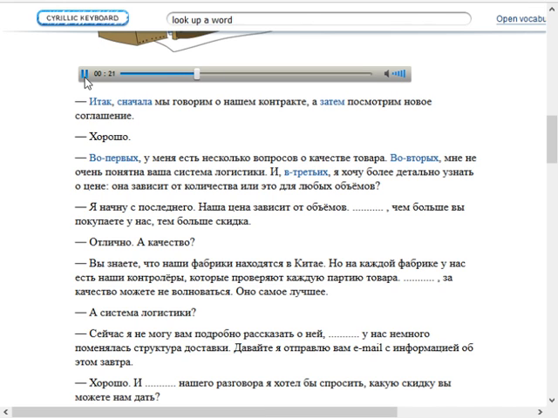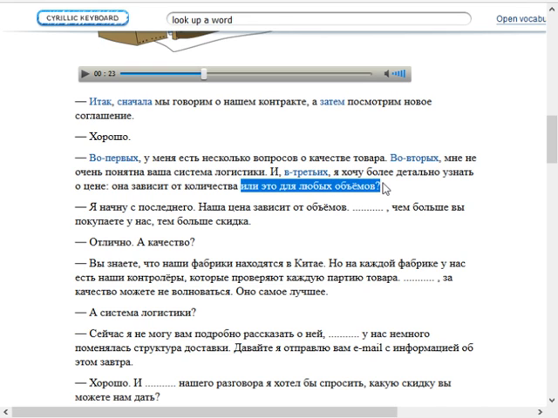Она зависит от количества или это для любых объемов? So, does the price depend on the количество, which I guess is the size, like the volume of the order, or is it for любых объемов?